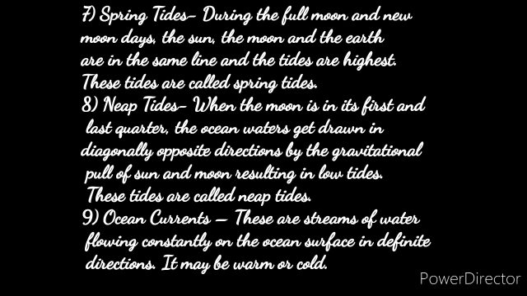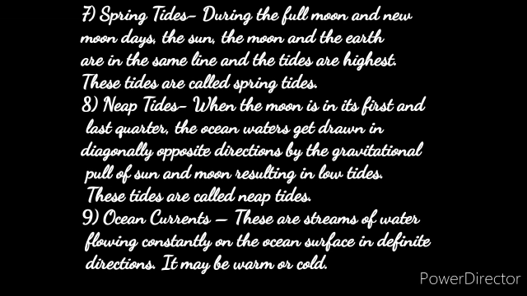Next is neap tides. When the moon is in its first and last quarter, the ocean waters get drawn in diagonally opposite direction by the gravitational pull of sun and moon, resulting in low tides. And these tides are called neap tides. Okay, ninth number is ocean currents.